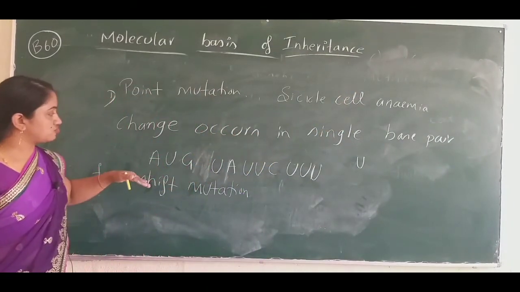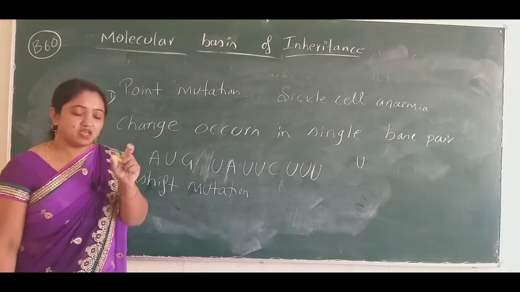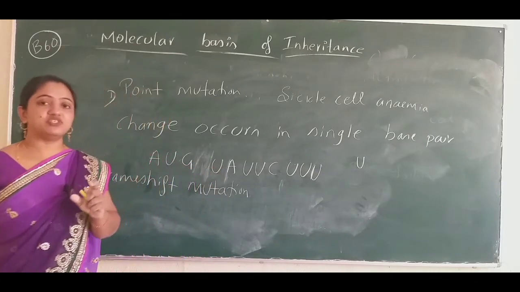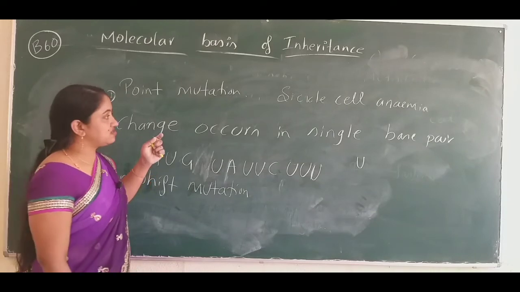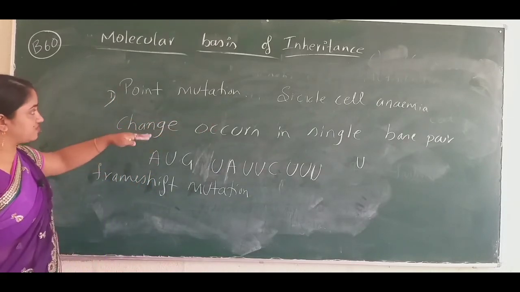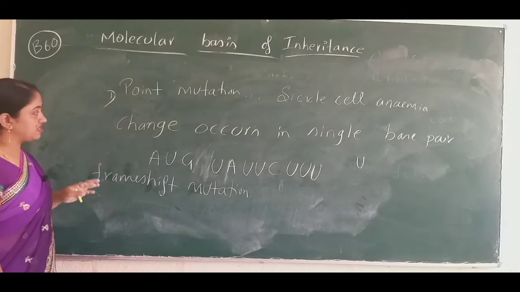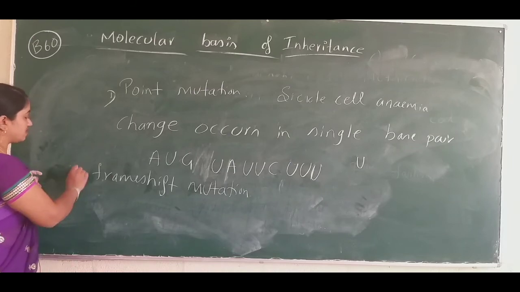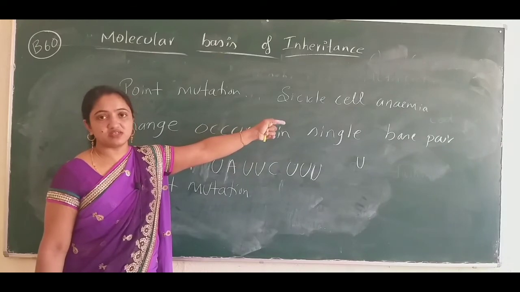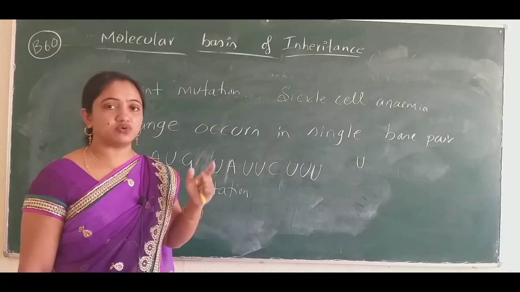Here we were talking about the same thing: the replacement of one single base pair results in the formation of disease. That is nothing but point mutation. So if they ask you to write the example, you have to write sickle cell anemia, and you have to write the amino acid names also.